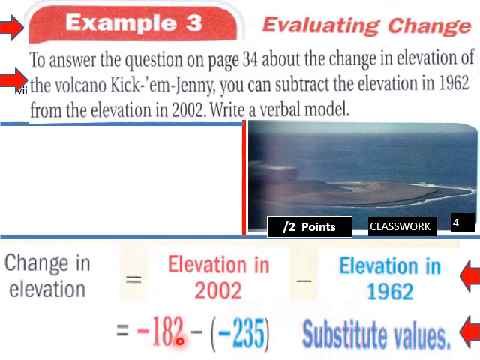The elevation in 2002 was -182. It was already below sea level. And then we're going to subtract the elevation of 1962, which was -235. So -182 subtracting -235.